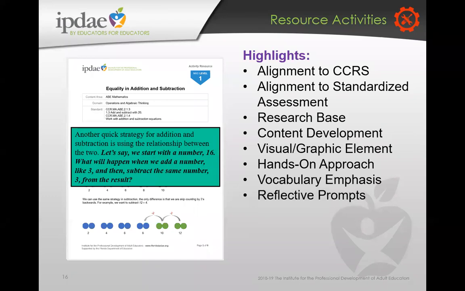We also gave opportunity for students and teachers to spend time reflecting on what they learned. So you're going to notice in several of the resource activities, there are reflective prompts where it allows the student to pause and think about what they just read, or think about what you discussed in class, and allow them to write something.